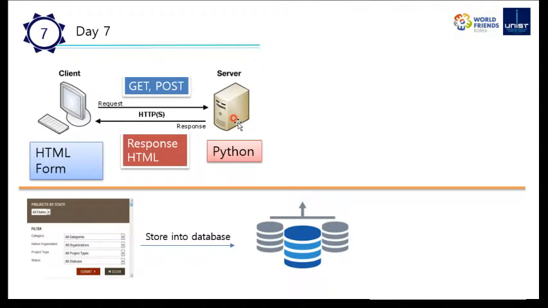Then the server responds with HTML, or saves the user's request into the database. So this is a form, a type of form with a select option. When the user clicks submit, this form is sent to the server, then the server can store it into the database.